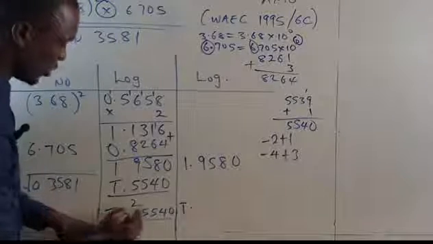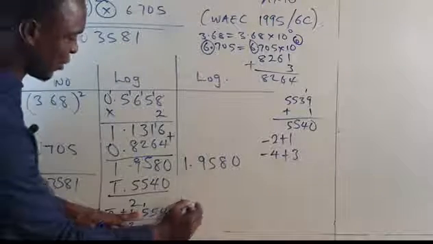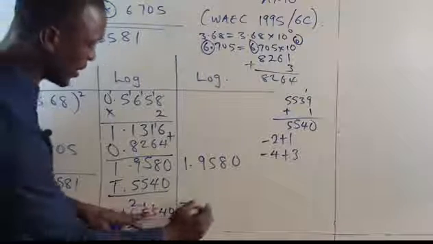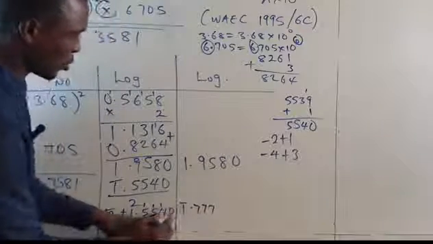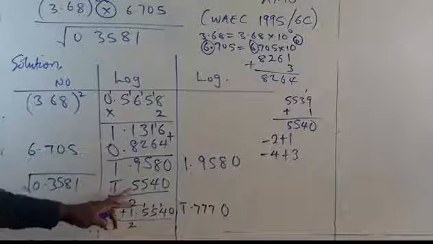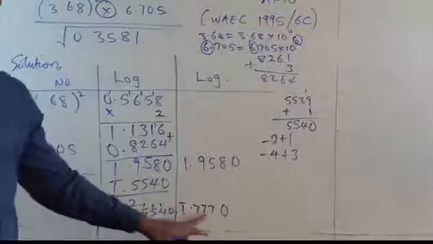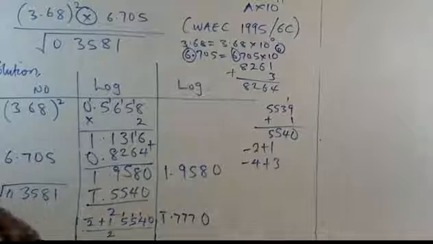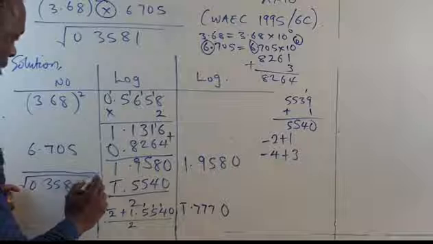Point 2 into 15, that is 7, remainder 1. 2 into 15 again, 7, remainder 1. 2 into 14, 7. Then 2 into 0 is 0. So bar 1.5540 divided by 2 gives us bar 1.7770. To avoid the mix-up, I'm going to divide this with this.